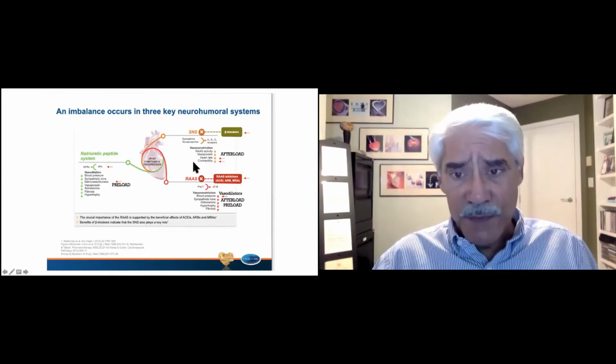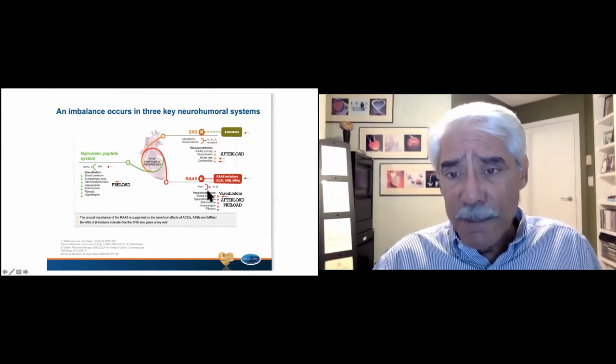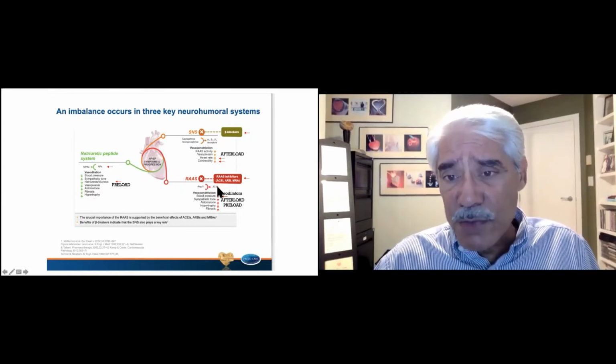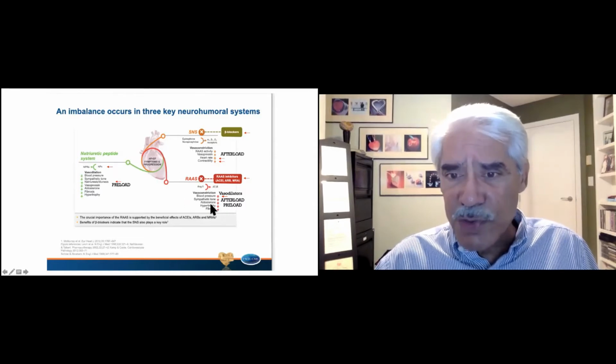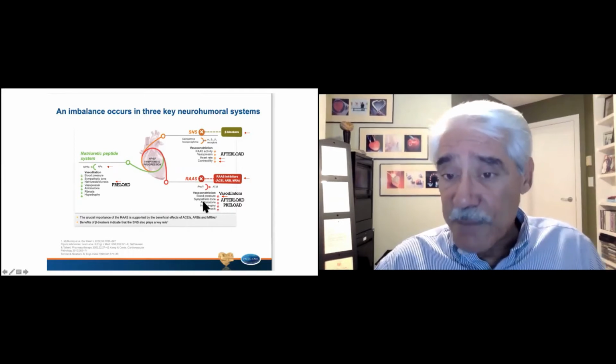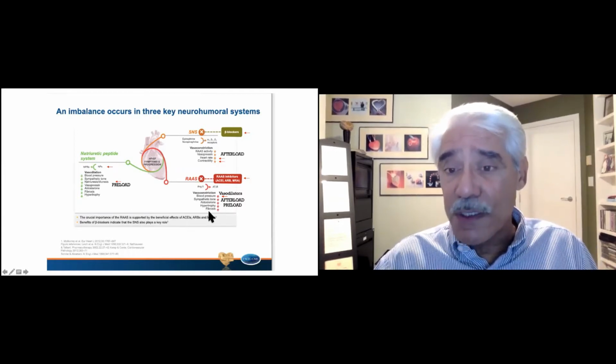Activation of the RAS system is where angiotensin 2 is produced from angiotensin 1, and angiotensin 2 works on the AT1 receptor and induces vasoconstriction, raises the blood pressure, again increases the sympathetic tone, and releases aldosterone, which is a very harmful substance leading to salt and water retention.